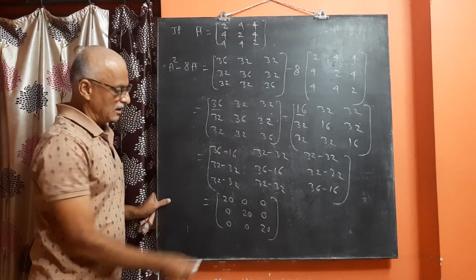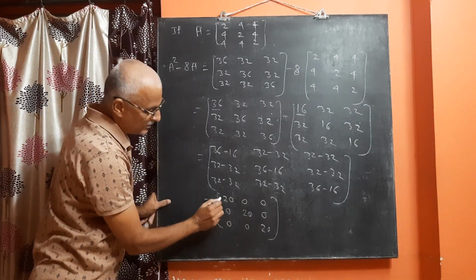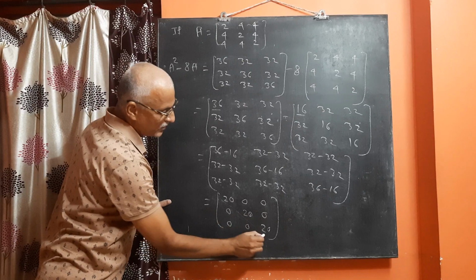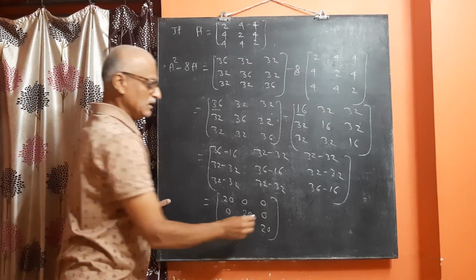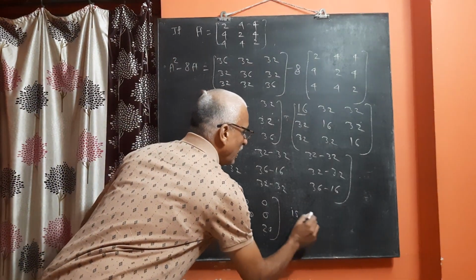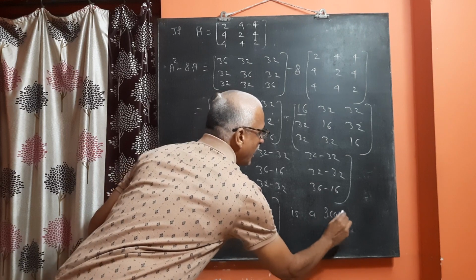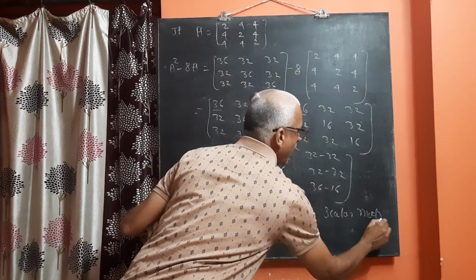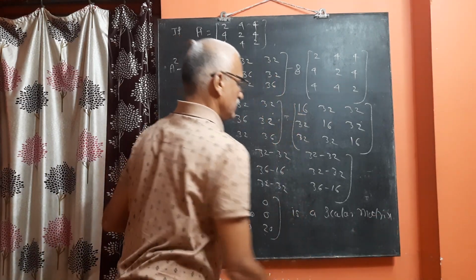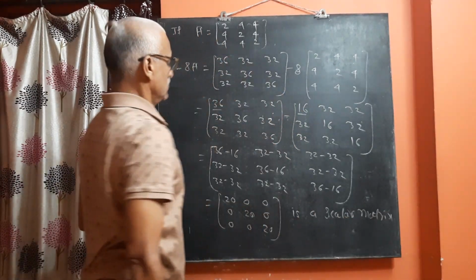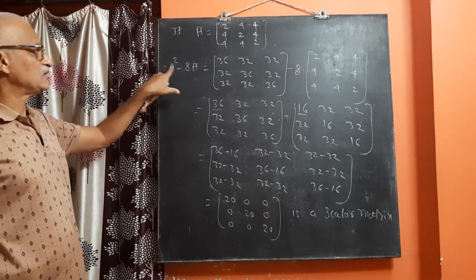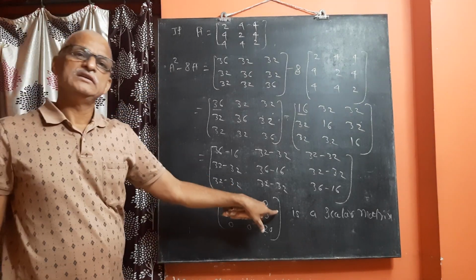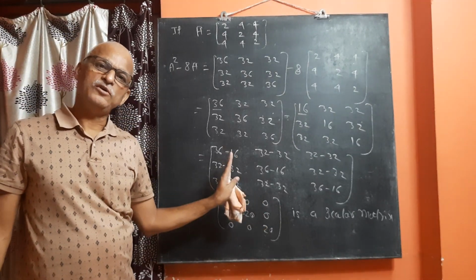See here, all the diagonal elements are 20, 20, 20, which are the same, and all other elements are 0. So A square minus 8A is a scalar matrix, and that's enough for today.